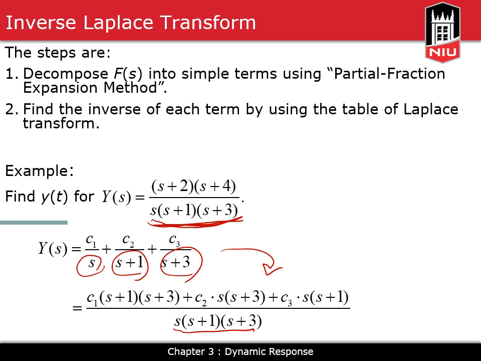So we can expand both numerators and compare them. Basically, compare the coefficients of the powers of s, equate them, and through that we'll be able to find C1, C2, C3. We'll do that in the next slide.